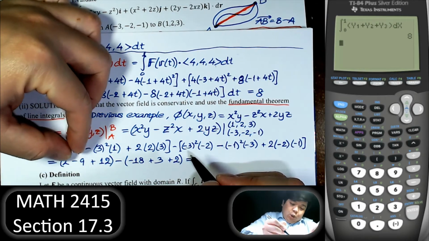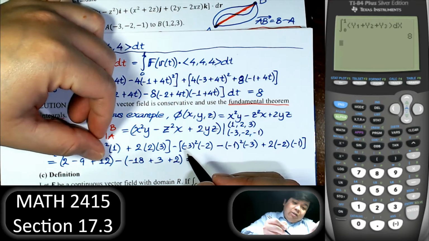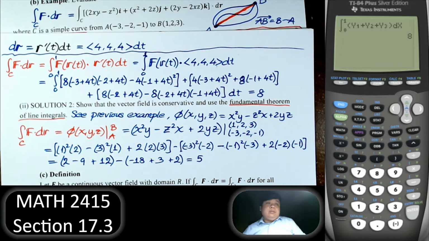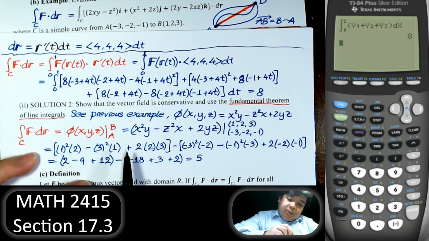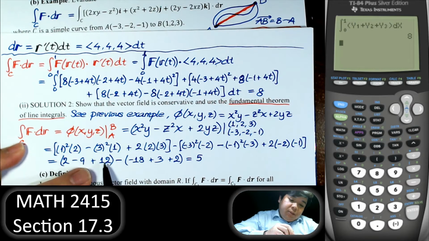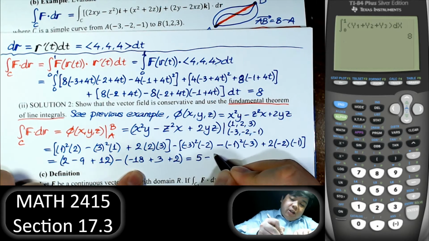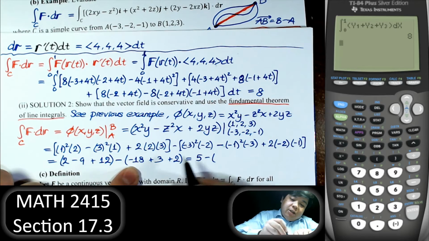So that 2 minus 9, -7 plus 12 is 5. That is 14 minus 5, subtract negative 18, so that minus 13.